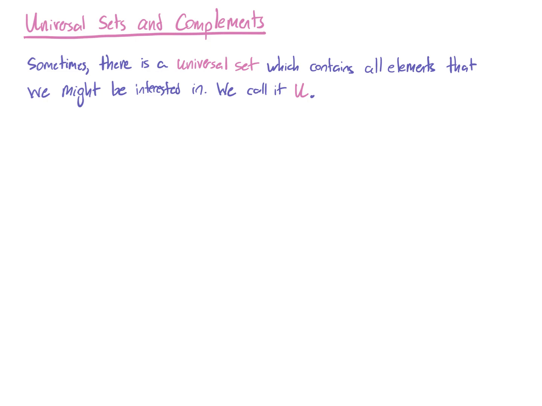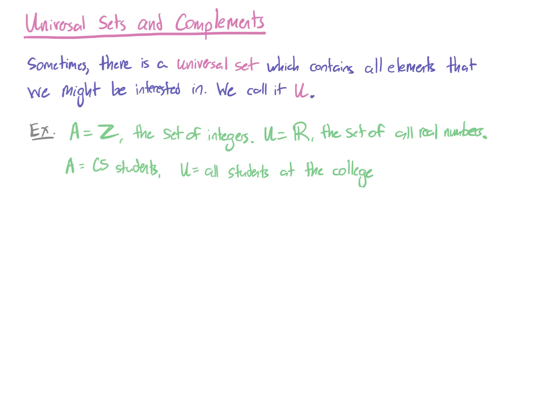We're not expecting to be interested in any other kinds of elements other than the ones contained in the universal set. So, for example, maybe I'm studying something about numbers in general, and I'm interested in the set of integers, but I'm also looking at the set of all possible real numbers.